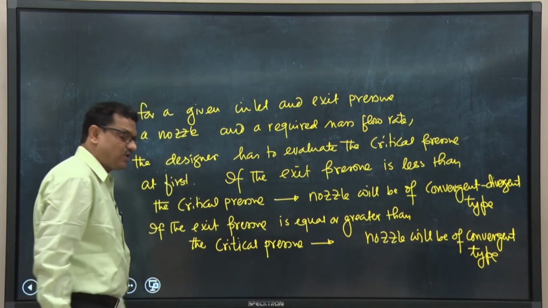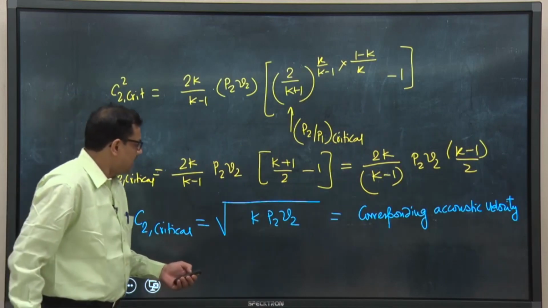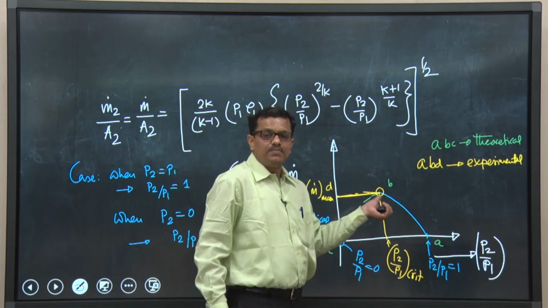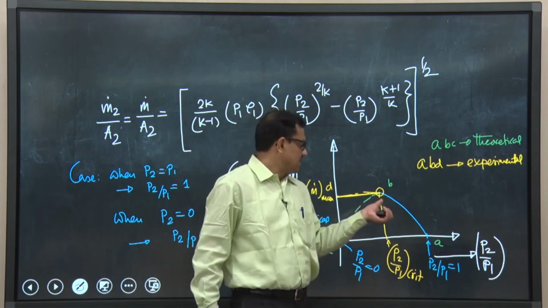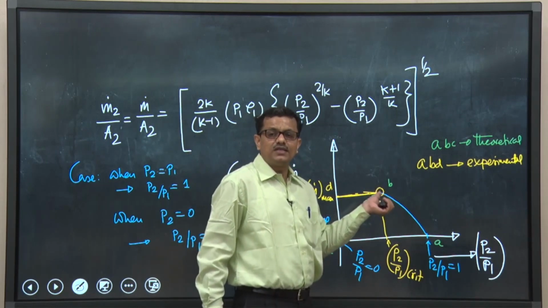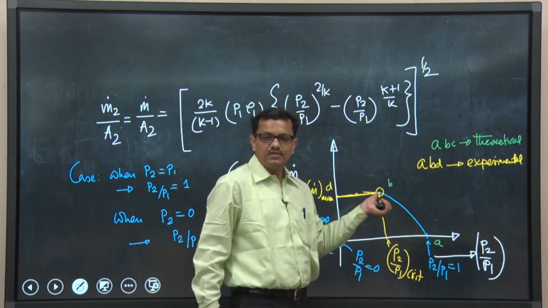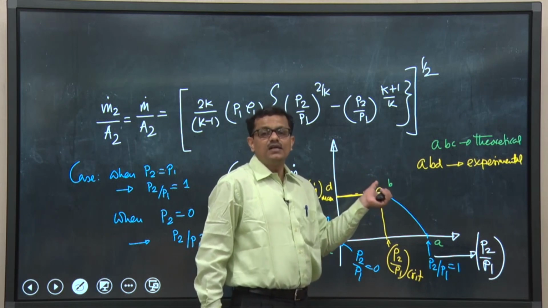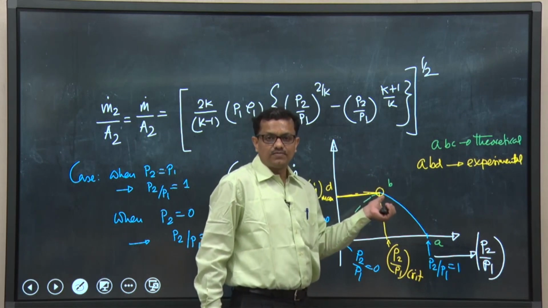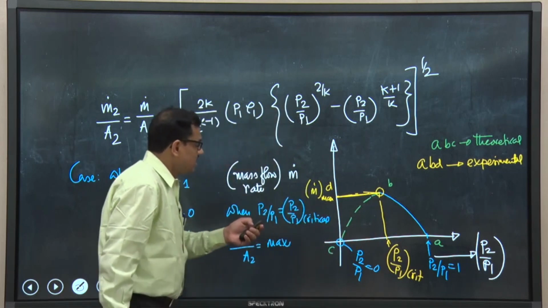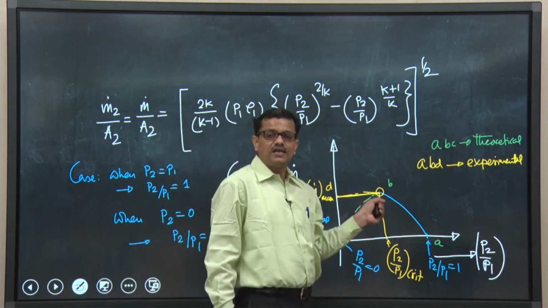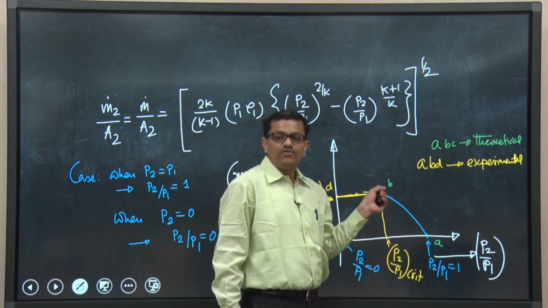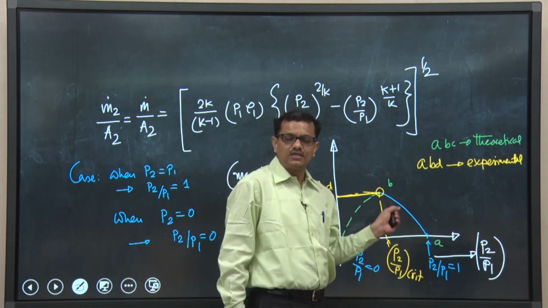One important thing: when the pressure is at the critical pressure ratio, the mass flow rate through the nozzle is maximum, which we have established, and at that condition a nozzle is said to be choked. So, when the nozzle is operating at the critical pressure ratio, the exit pressure is the critical pressure and the velocity of steam at the exit is the sonic velocity.